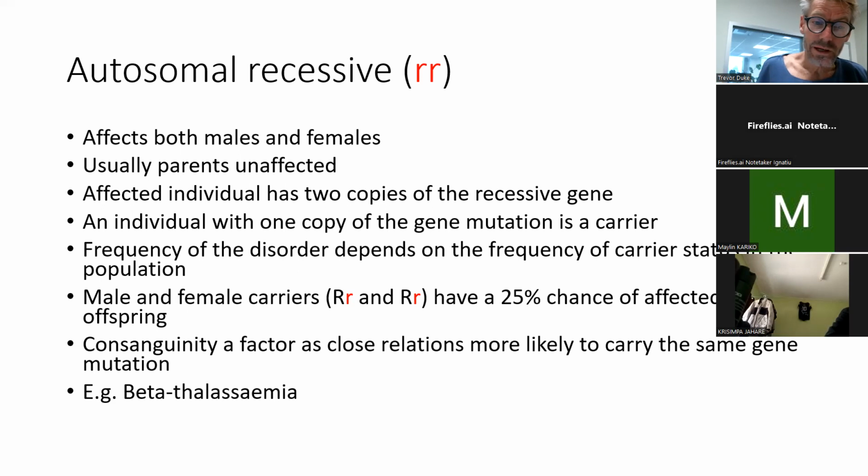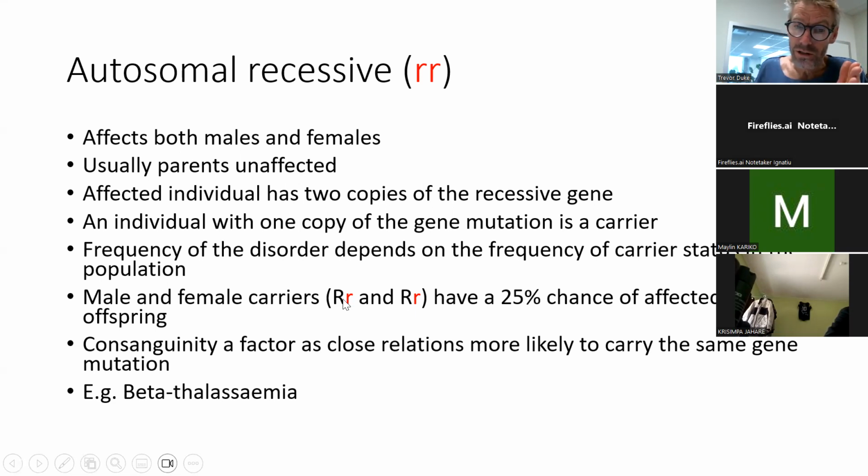Remember, most of the male and female carriers, a father and a mother, will be big R normal and little r recessive disease, and they'll have a 1 in 4 chance of having an affected offspring.